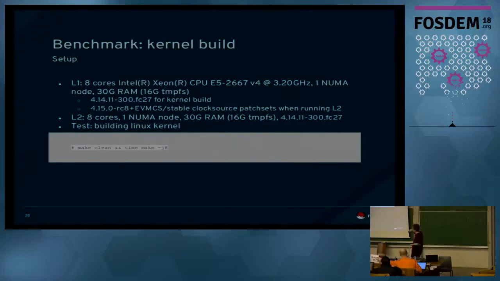When it was running L2, I was doing tests on RC8 plus my enlightened VMCS and this source. So we just build the kernel with 8 threads, do an allyesconfig, and build the kernel. So how well does it perform?